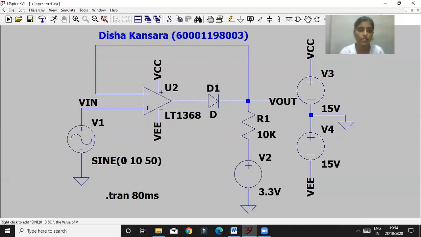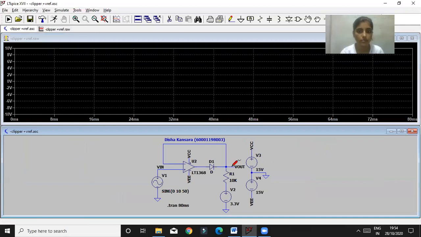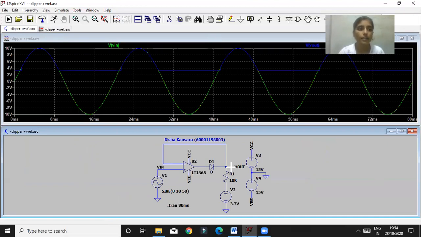I gave a sine wave as input, 10 volts at 50 hertz. So let's check the output for this. In this negative clipper with positive reference voltage, I get the positive clipped output.